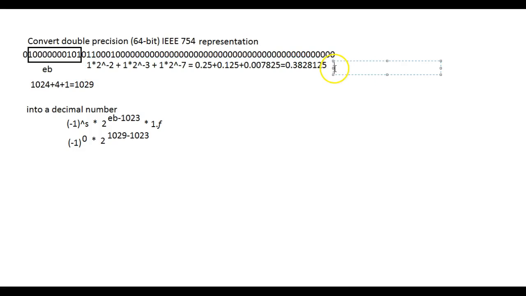So that's going to be our fractional part that we put into the formula. I'm just going to copy that number down here. To continue the formula, I have 1 point, and this is where I put that fraction from up here, 0.3828125.